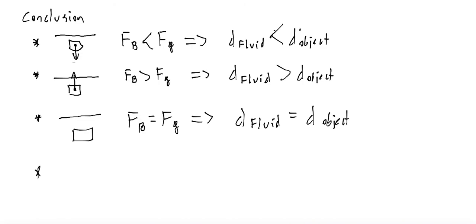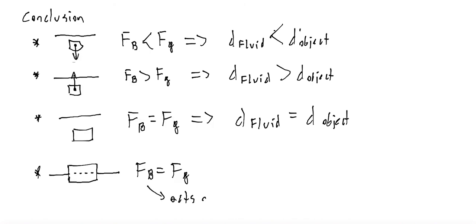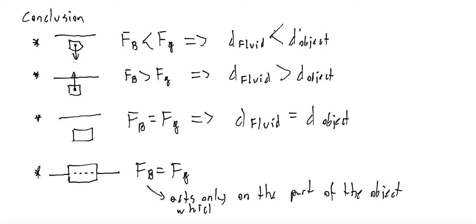And last situation, the object floats on the surface and then the object is partially immersed, and again buoyant force is the same as gravitational force, but in this case you must know that buoyant force acts only on the part of the object which is underwater.